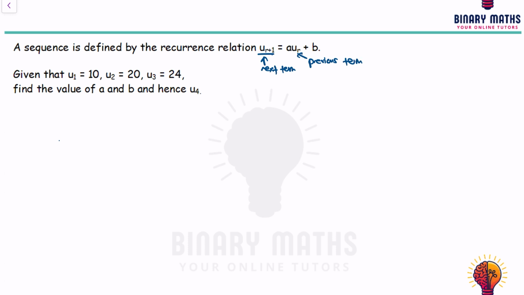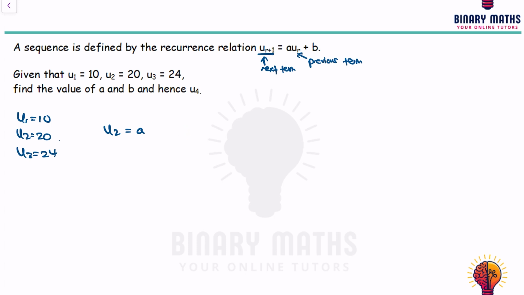So we've got u1 is equal to 10, u2 is equal to 20, and u3 is equal to 24. Okay, u1 is equal to 10. We can't do anything with that because that's the initial term. Now u2, using the recurrence relation, is equal to a times u1, which is a times 10, plus b.